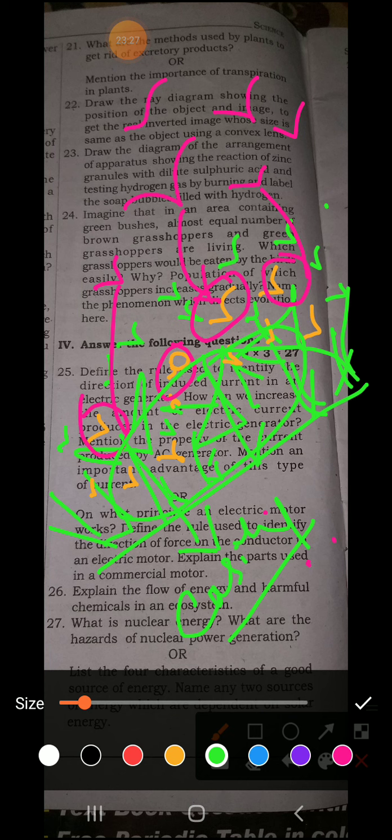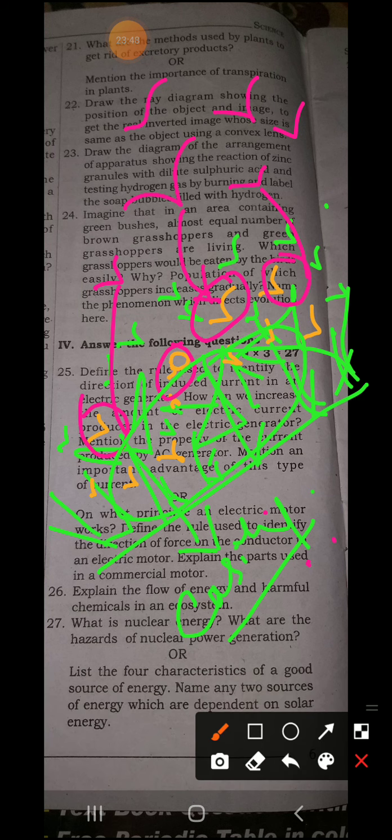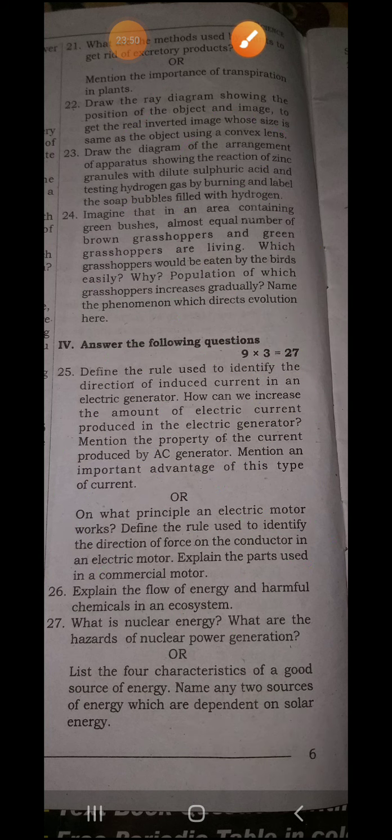When these brown grasshoppers are eaten by the birds, obviously their population is reduced as compared to the green grasshoppers, and the population of green grasshoppers will increase very easily. I hope you understand the answer. And one more question in that.